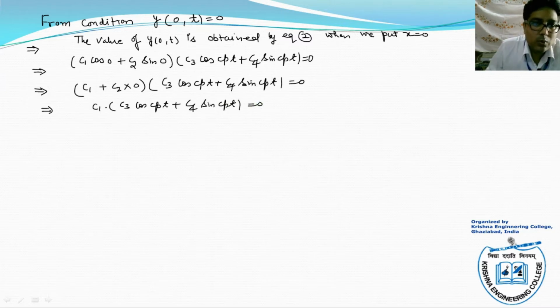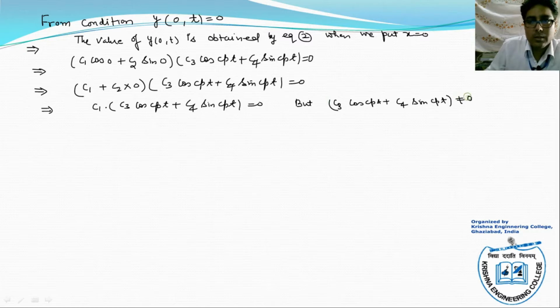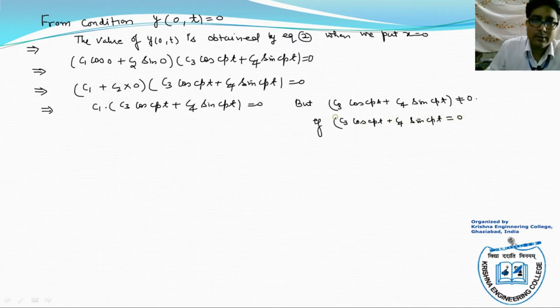Here product of two numbers is equal to 0. This will happen if one of them will be 0, but C3 cos cpt plus C4 sin cpt will not equal 0, because if C3 cos cpt plus C4 sin cpt is equal to 0, then in equation second we will get y x comma t is equal to 0.